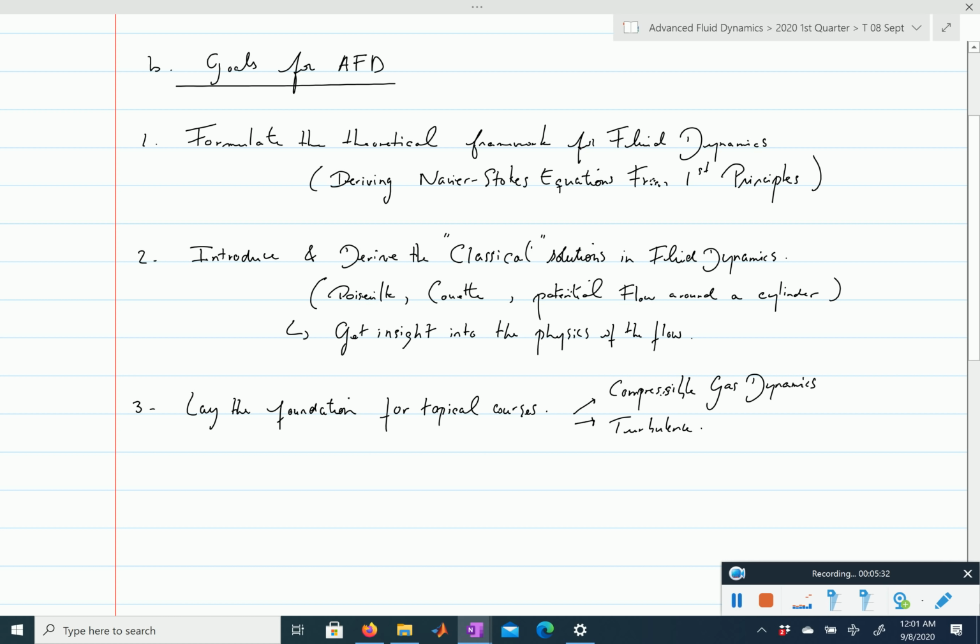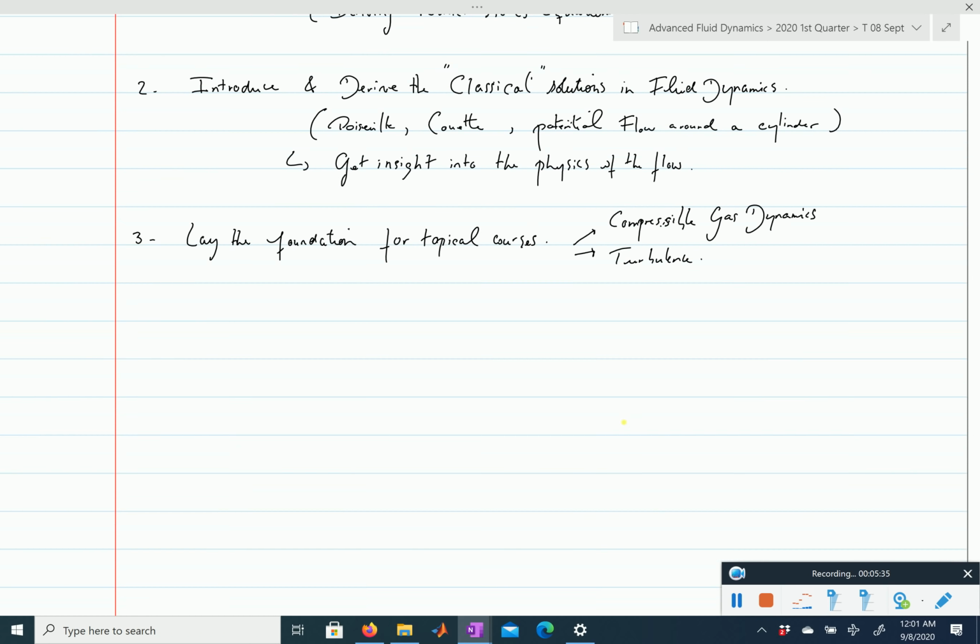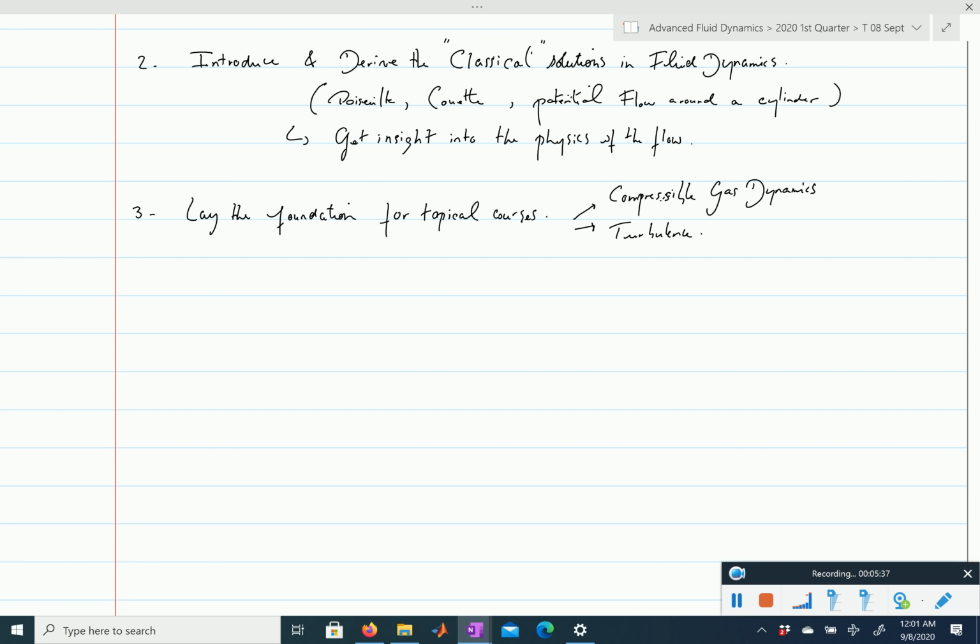Okay, and the last thing I want to discuss in this short section is what the general approach is in fluid dynamics. So what is, a little bit about the culture. How do you approach a problem in fluid dynamics?